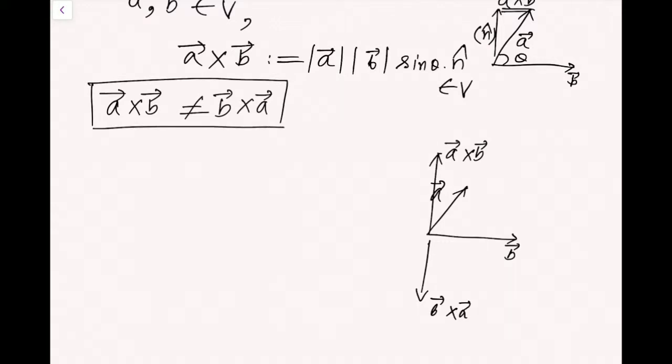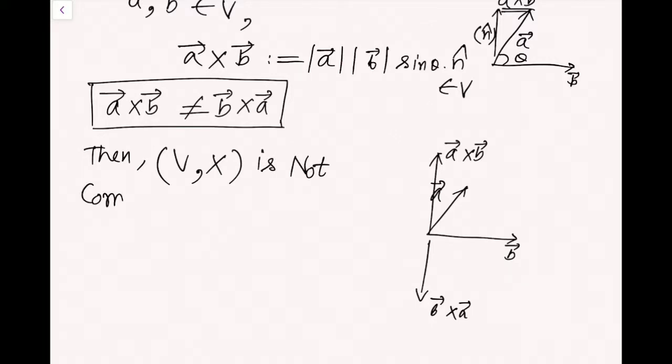Therefore, A cross B is not equal to B cross A. Then cross is not commutative.